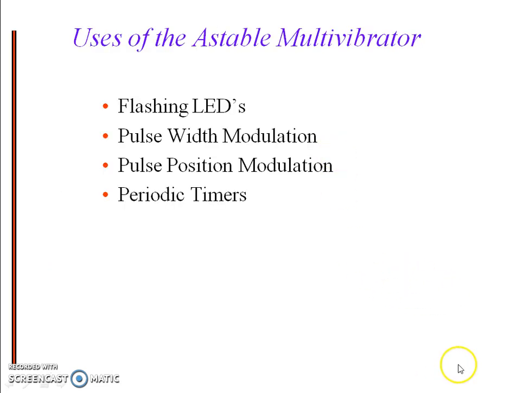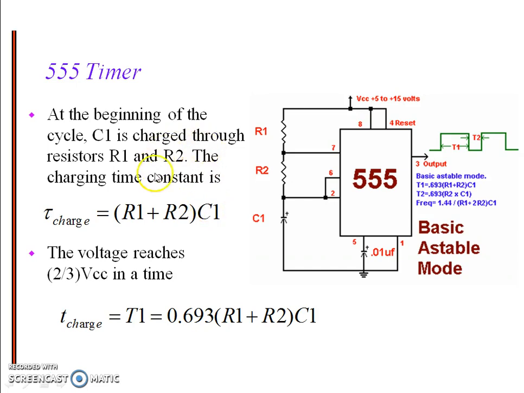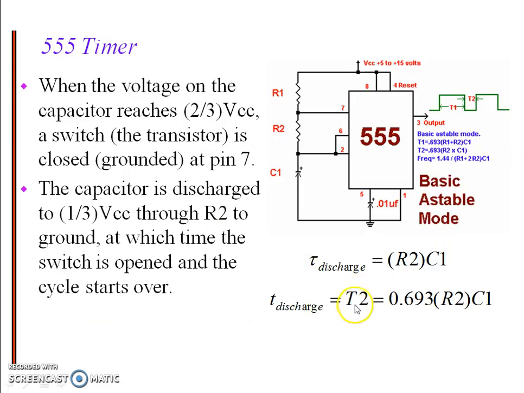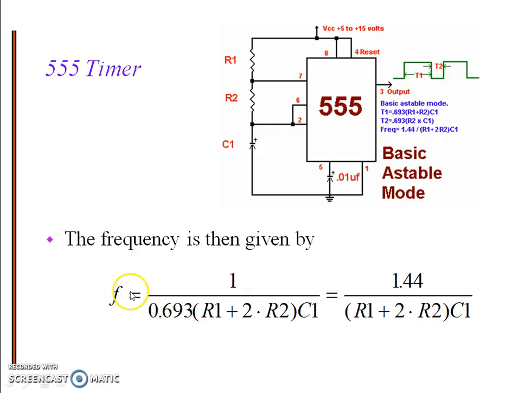What are the uses of the astable multivibrator? It is used for flashing LEDs, pulse width modulation, pulse position modulation and periodic timers. This is one way of representing it. Another way is in terms of charging time T1, given by 0.693 (R1 + R2) C1, and similarly the discharge time is given by 0.693 R2 C1, and the frequency can be given by 1.44 divided by (R1 + 2 R2) C1.